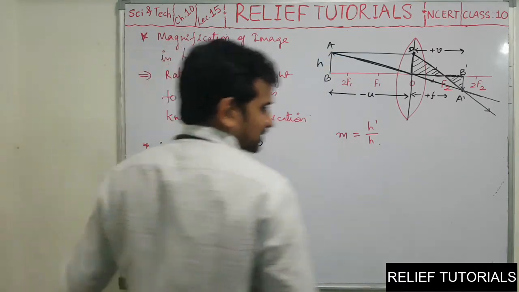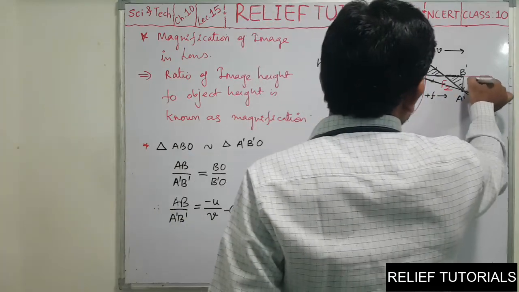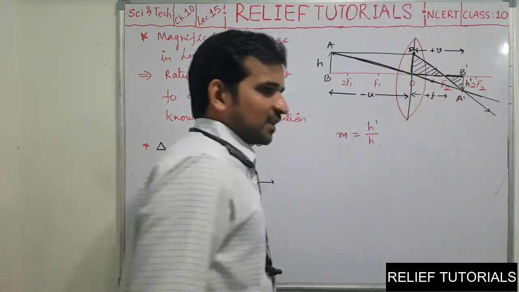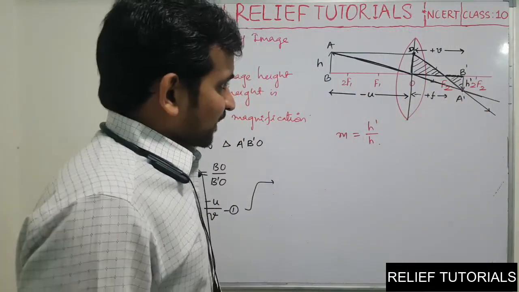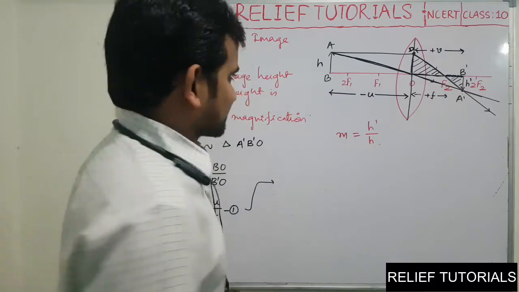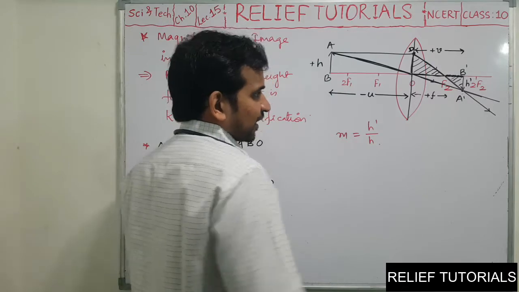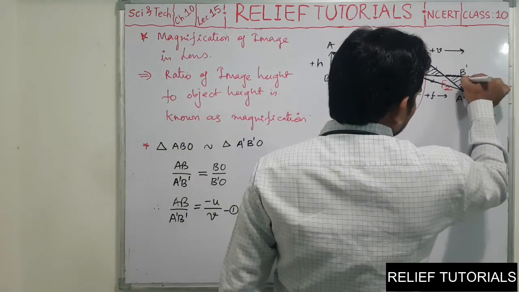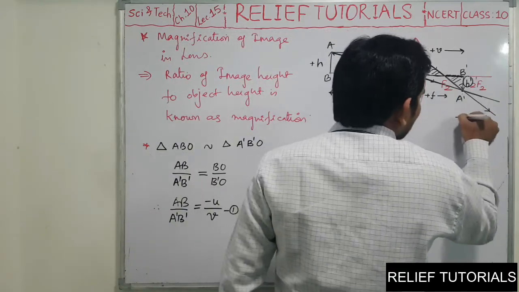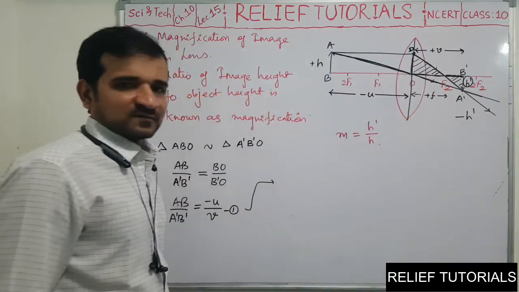And A dash B dash means what? It is H dash, means the image height. If you use the Cartesian sign convention, AB is positive because it is upwards, and A dash B dash is H dash, I think it is downward, so it should be negative H dash.